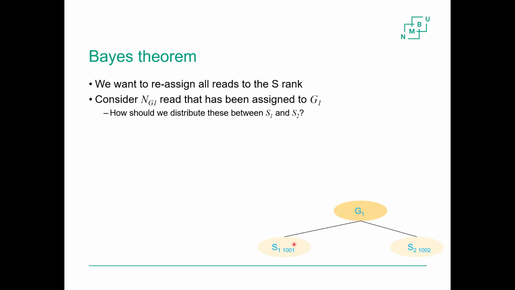Should we just split it in 2 and say, okay, half of these reads go down here and the other half goes down here? Is that reasonable? That's perhaps the first thing you would think, right? Well, if you start thinking about it, it's not reasonable. Because behind this species here, we can have 10 genomes.